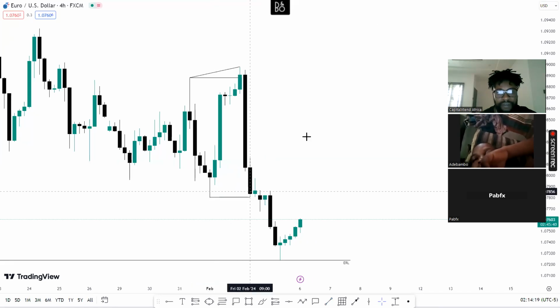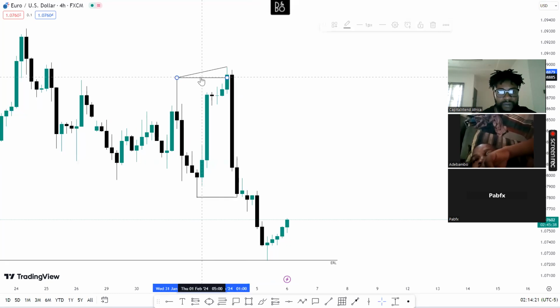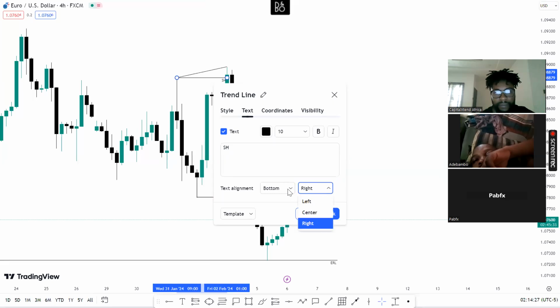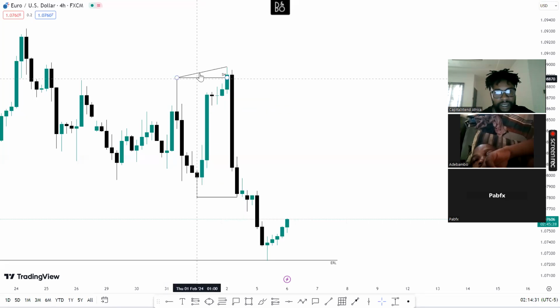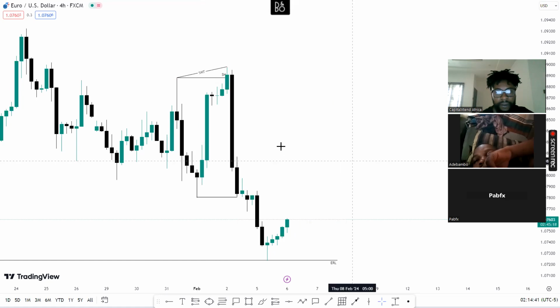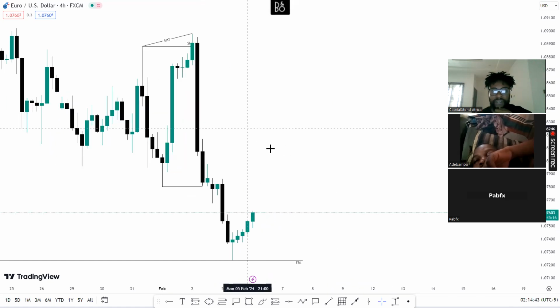So we have this break of structure here. We have this SH, and we have SMT as well.